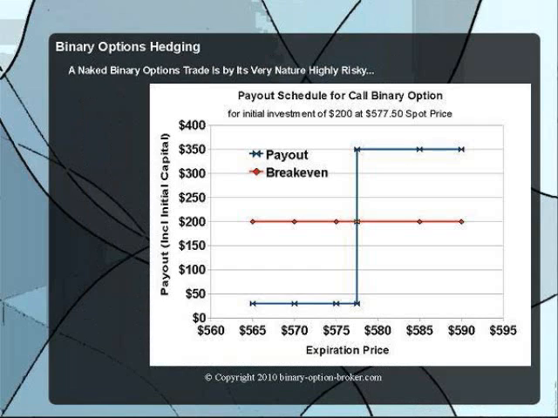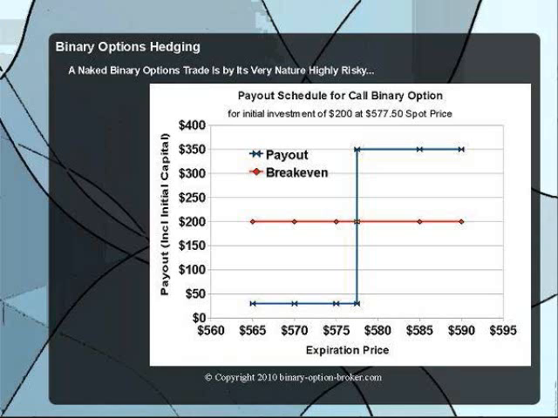I only have a couple of seconds to talk about what the payout looks like on a binary option, but I'm just going to throw up a binary call and a quick binary put option at the same strike price on the same security and the same dollar amount of investment, just so that you can see what they look like.